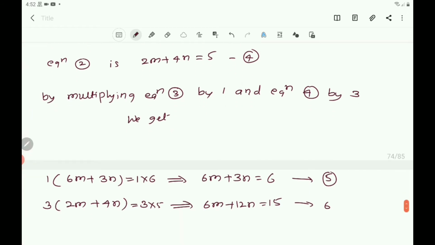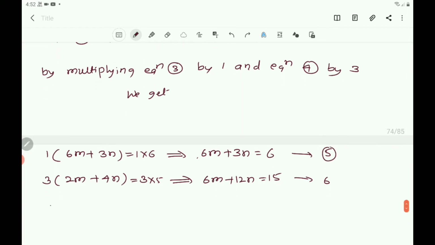Now see the sign of the coefficient of the variable. Here it is plus, here also it is plus. As they are having the same sign, you subtract them. Here 15 is greater, so you subtract the 5th equation from the 6th equation.